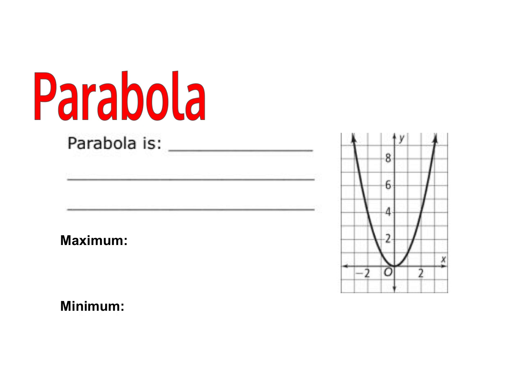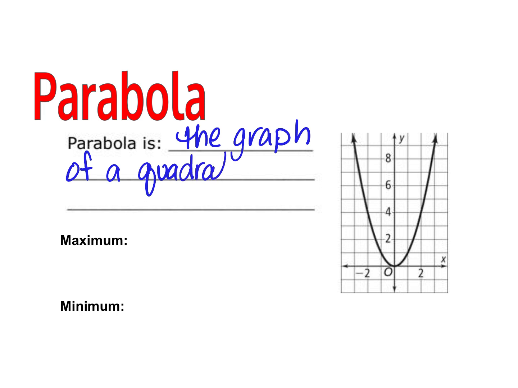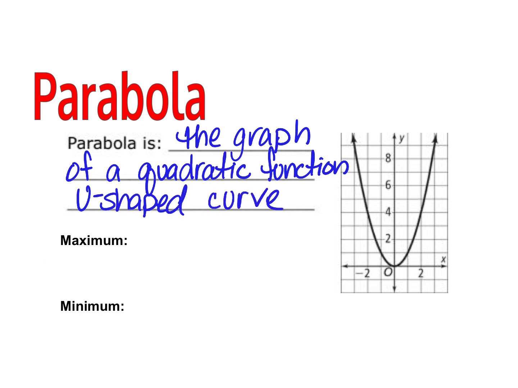A parabola is the graph, and we would call it a U-shaped curve. So it's not a V. Notice it doesn't go to a point. It actually has a curve.